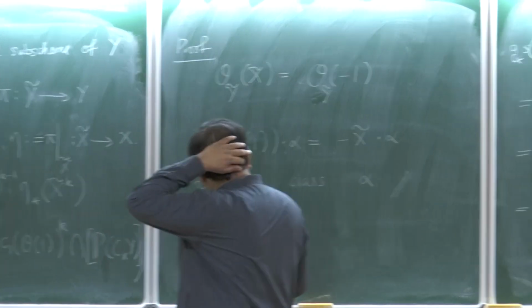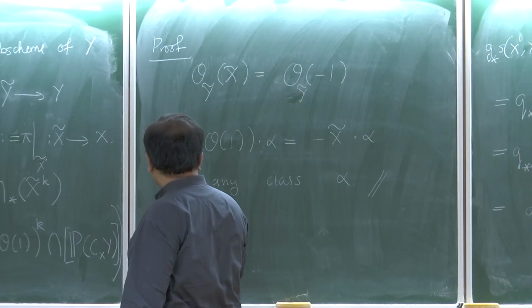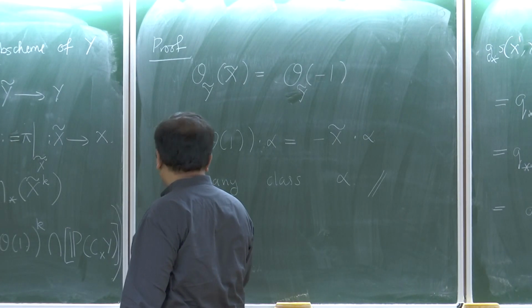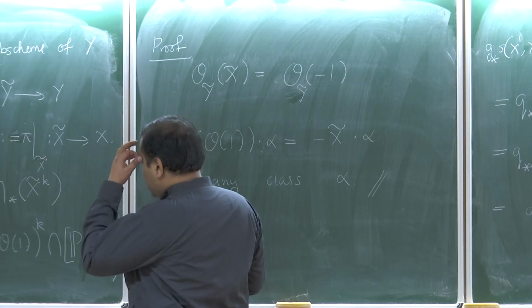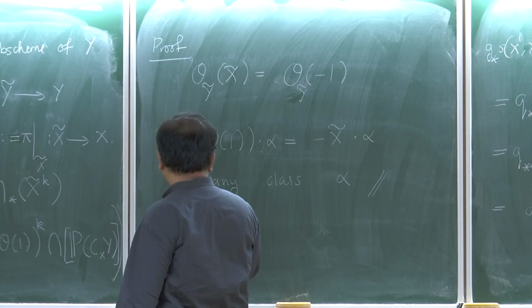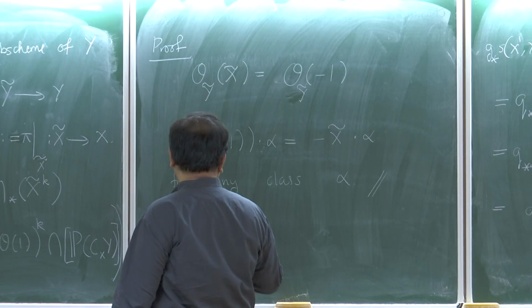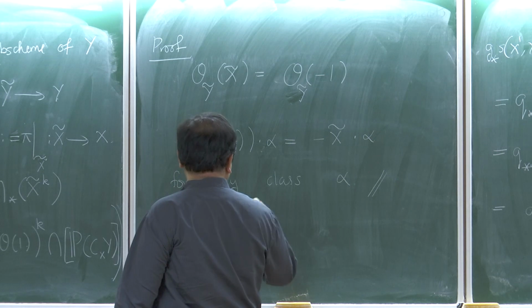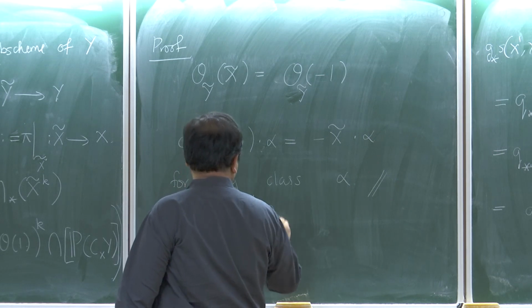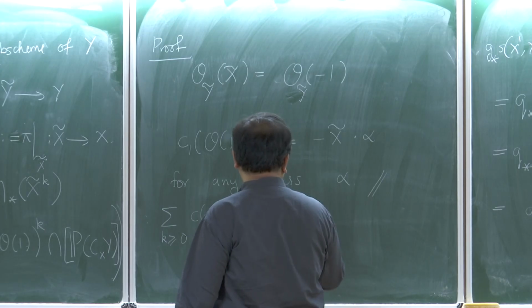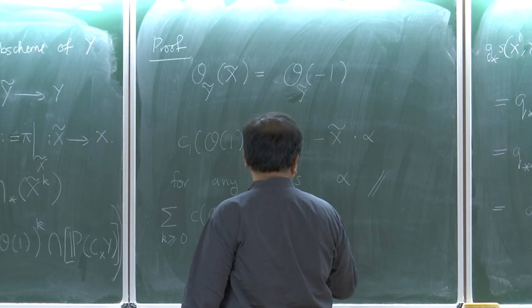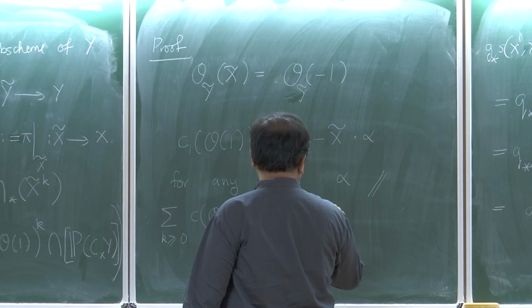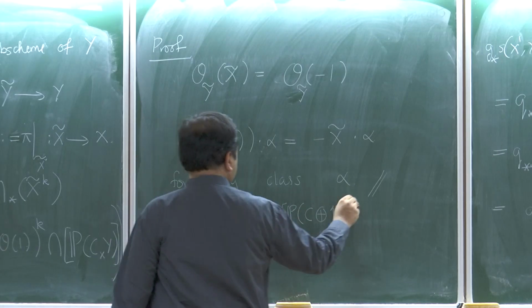So what you have is the summation, k greater than or equal to 0, of c of O minus 1 to the O1 to the power k, capped with P(C plus 1), and then you are pushing this forward.